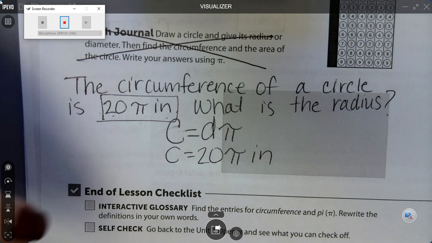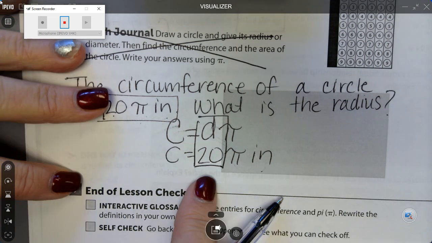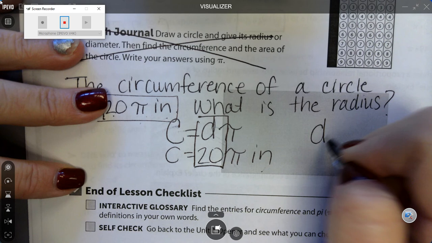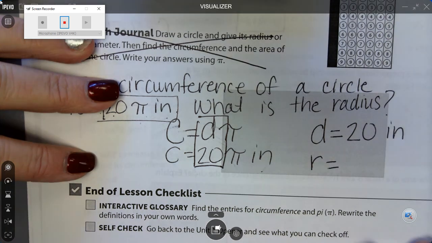Okay, all right. Now look. The number is where my d is located. So my diameter is 20 inches. So what would my radius be? Whoa, whoa, whoa.